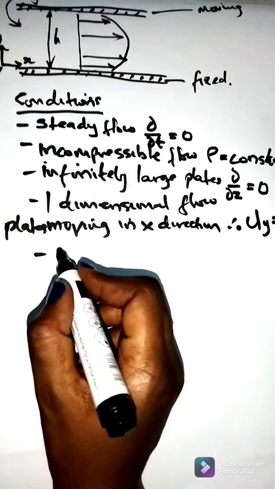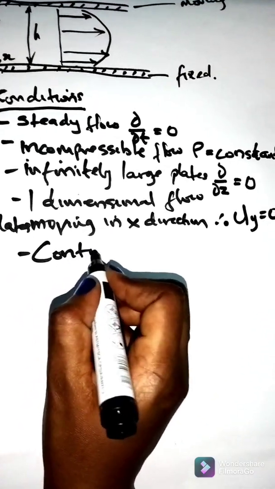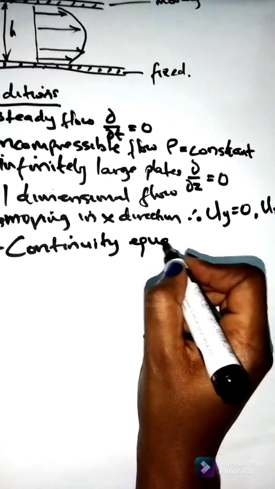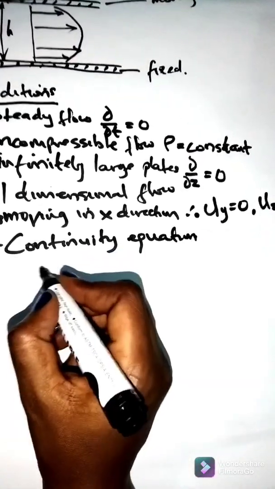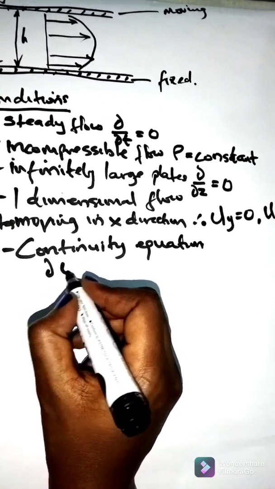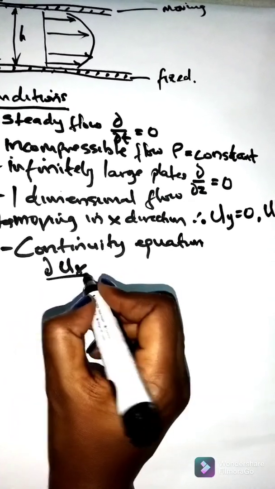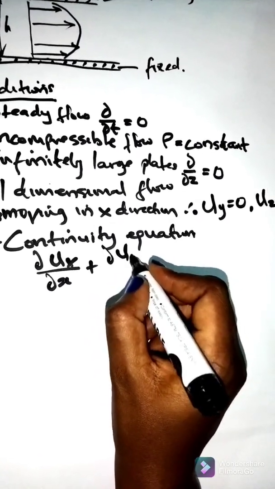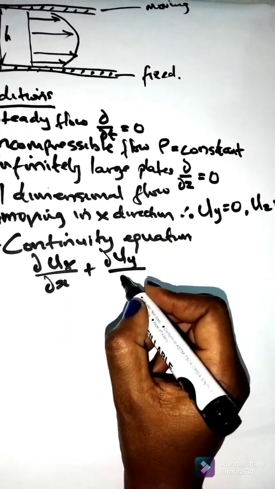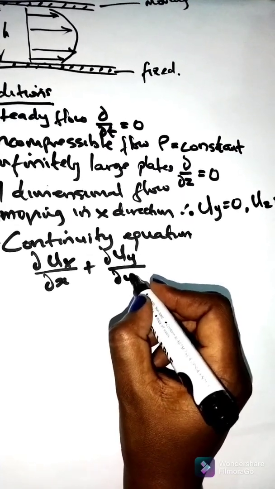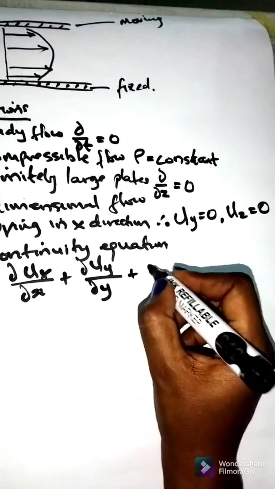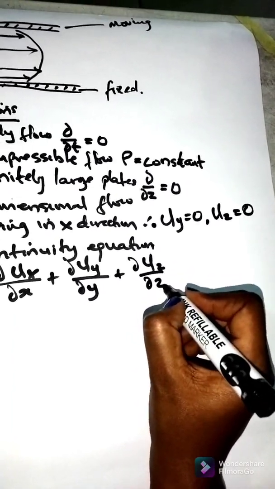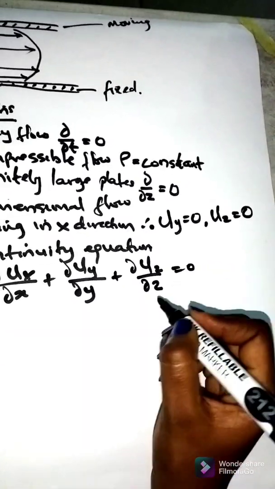Now let's recall the continuity equation. It's like this: partial ux over partial x plus partial uy over partial y plus partial uz over partial z equals 0.